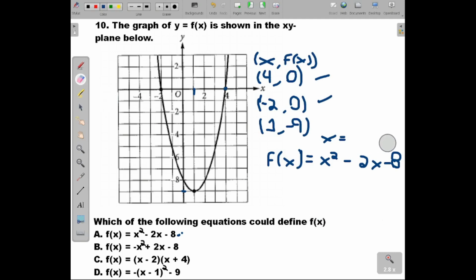For this one, x is equal to 1 and f of x is equal to negative 9. So negative 9 is equal to 1 squared is 1, minus 2 times 1 is 2, minus 8.